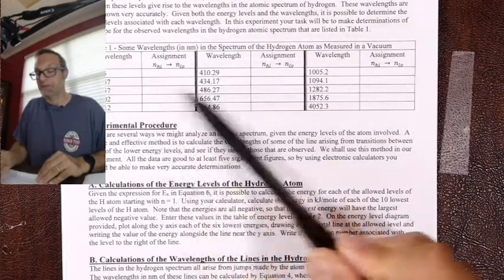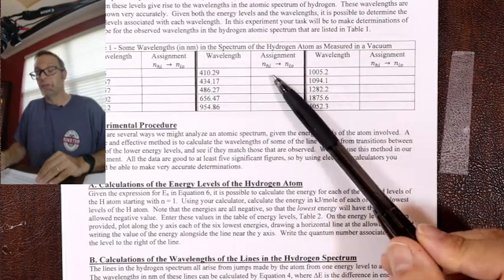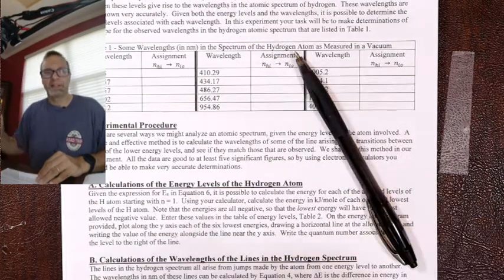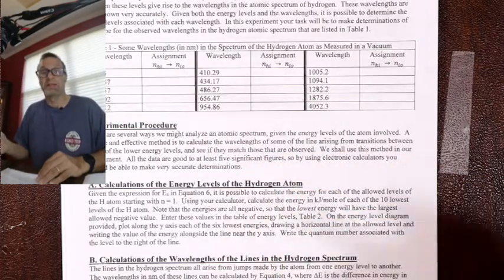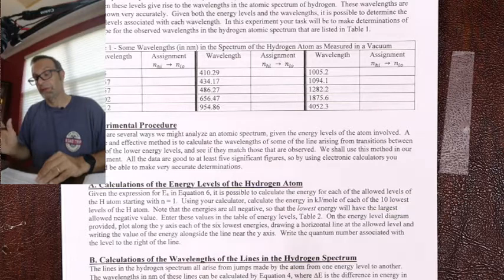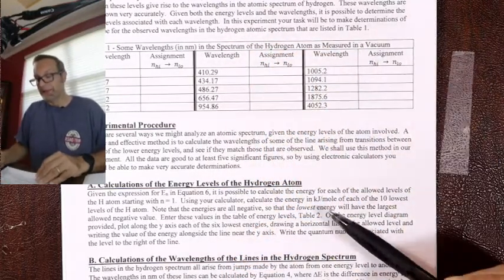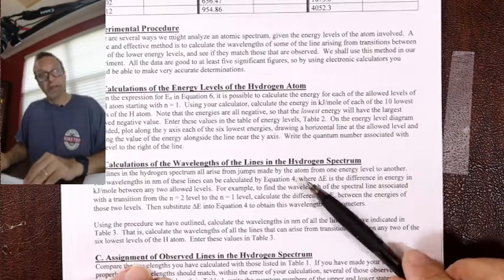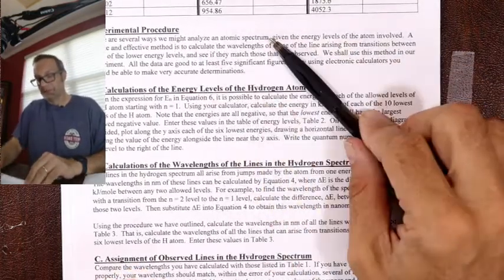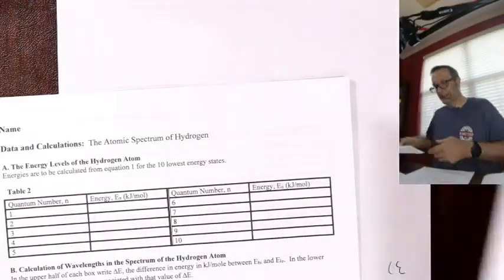Hopefully they're going to match. These are actual numbers that come out of the experiment. Your job after you've done the match is to decide, is it level 6 to layer 2 or something? So you're going to make an end-to-end assignment, and it always goes from a high number to a low number, but that will be completed later, okay? So we'll do the calculations, talk about that in a moment. Then we'll compare them to the hydrogen, and you can make these assignments. And it talks about the Balmer series. So let's look at your actual experiment.